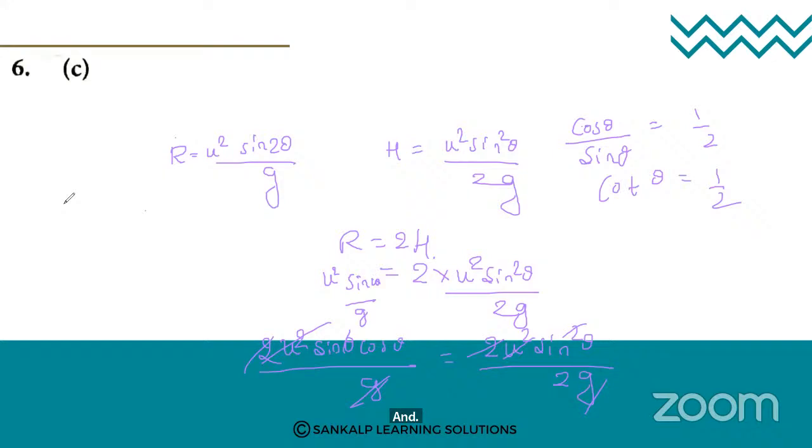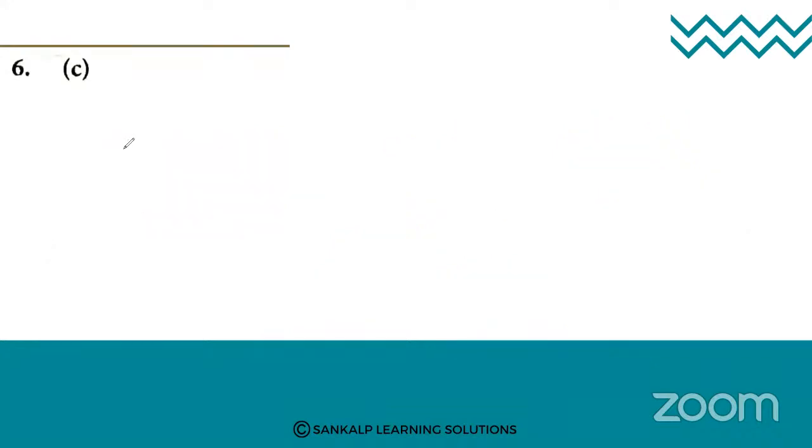Now what we can do in the next step is, for that we have one standard diagram with respect to the Pythagoras theorem, that is 1, 2 and this is root 5.